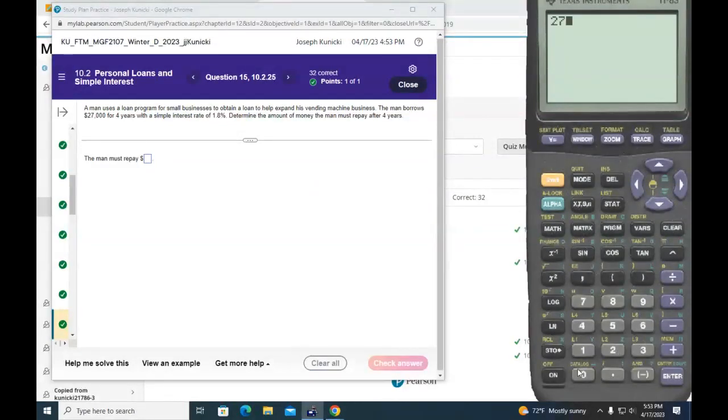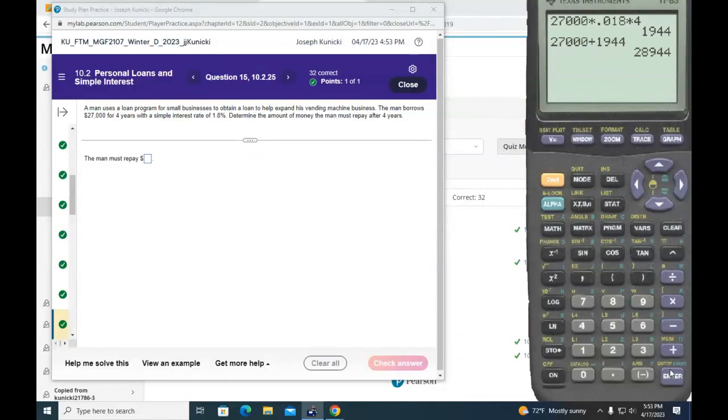So we have P, 27,000 times R, which is 0.018, times T, which is 4. So the man must repay, well, if you just add the two together, you get 28,944. See, how much he's got to pay back: the 27,000 plus the interest.